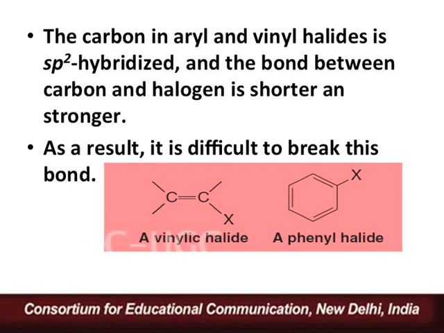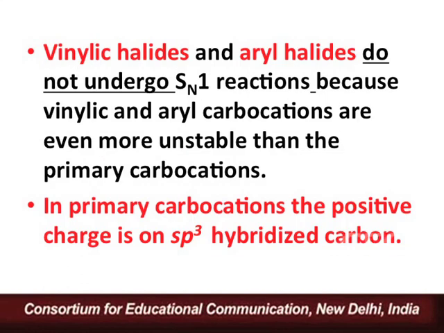Here, resonance takes place due to interaction between the lone pair of electrons on halogen atom and the sp2 hybridized carbon, as a result of which C-X has a partial double bond character. That means the bond between the carbon and halogen will be shorter and stronger. As a result, it will be difficult to break this bond.